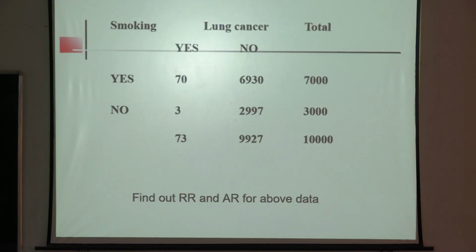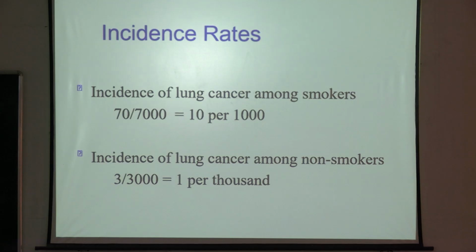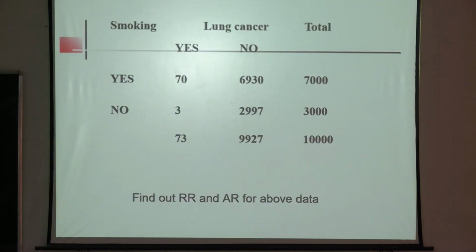Relative risk is 70 divided by 7,000. What is the incidence of cancer among smokers? Just tell me the formula.